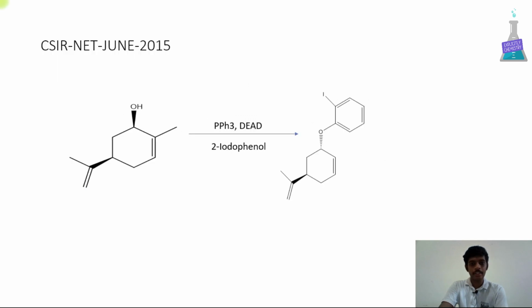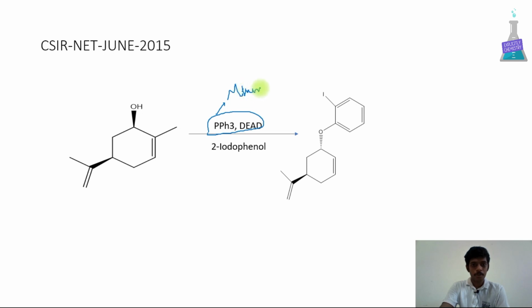Let us see some other examples. This is taken from NET June 2015. This is the starting material given. Here you see an alcohol which is in wedge. We are given PPh3 and DEAD, diethyl azodicarboxylate. The nucleophile is 2-iodophenol. We know that if DEAD and PPh3 are here, this is the Mitsunobu reaction.